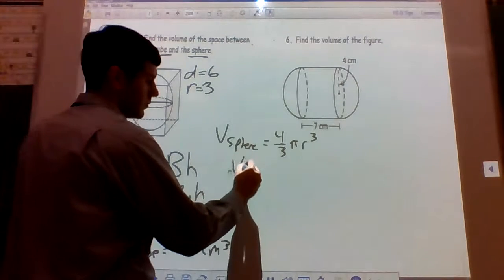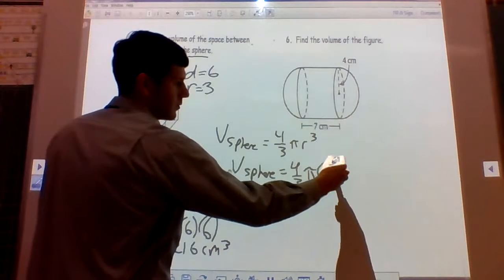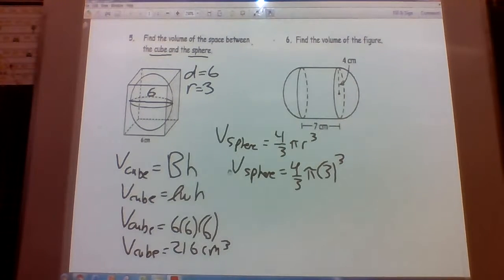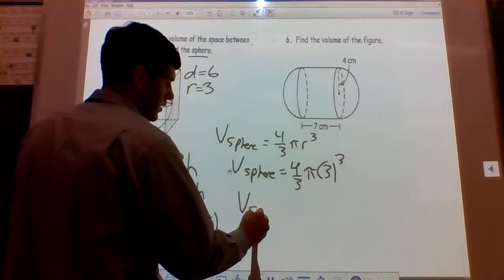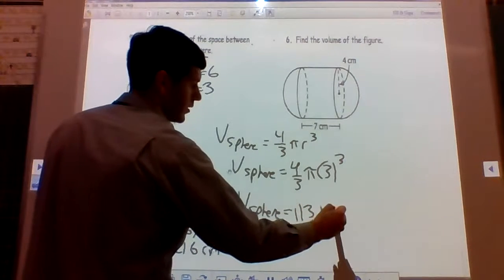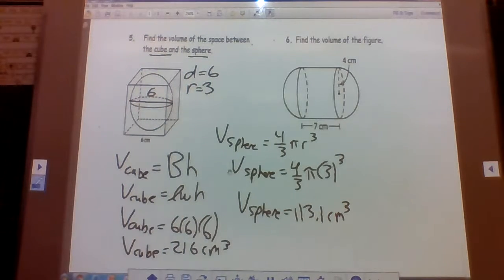So the volume of the sphere is going to be 4/3 pi times 3 cubed, which is 27, which is 36 pi. And 36 pi is 113.1 centimeters cubed.